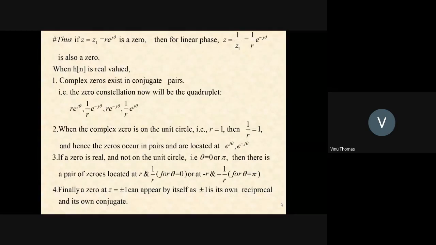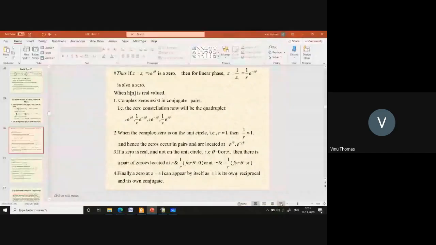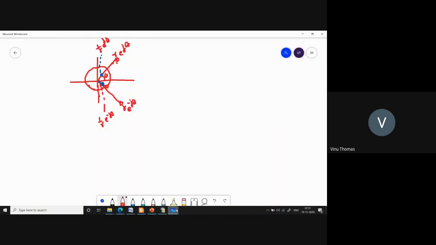Now when h of n is real valued and the complex zero is on the unit circle, let us see what happens. So let us look at a different case. I will now mark a unit circle here. So this is the unit circle. So this is where I have a complex zero.